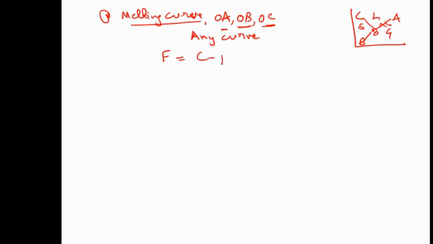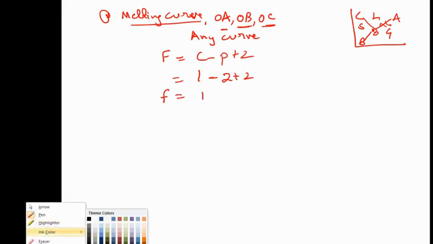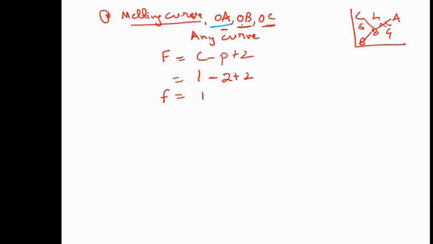So degree of freedom equals, for a one component system, water, C is 1, minus, for OA it has two phases, 2, plus 2. So F equals 1. For any of these curves, OA, OB, OC, the degree of freedom will be 1. That is monovariant.